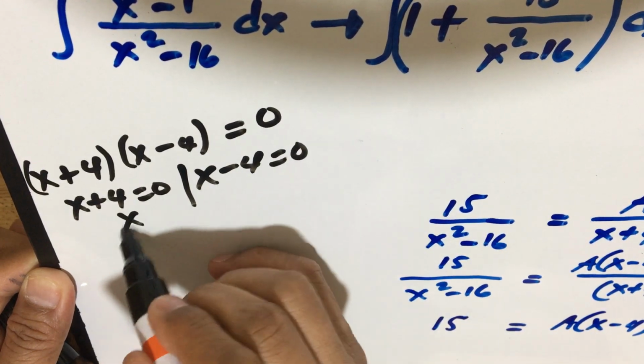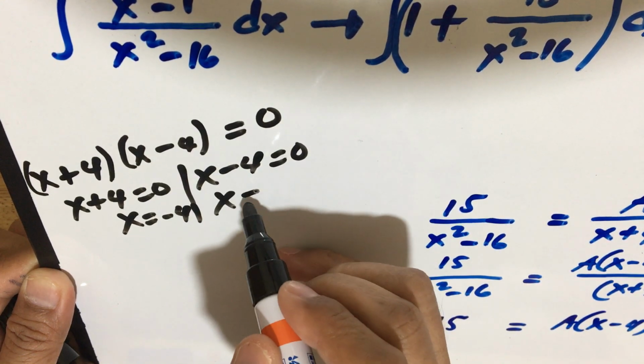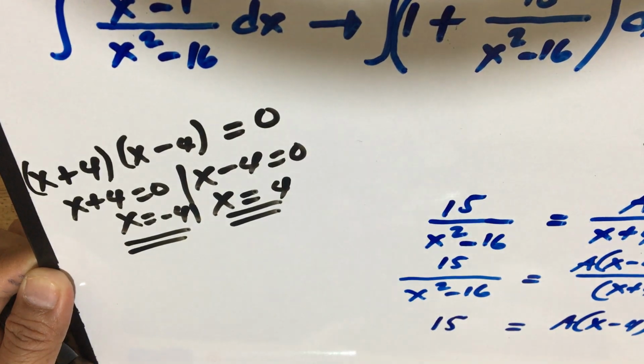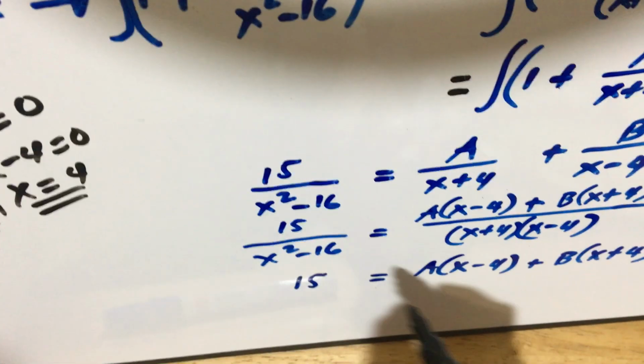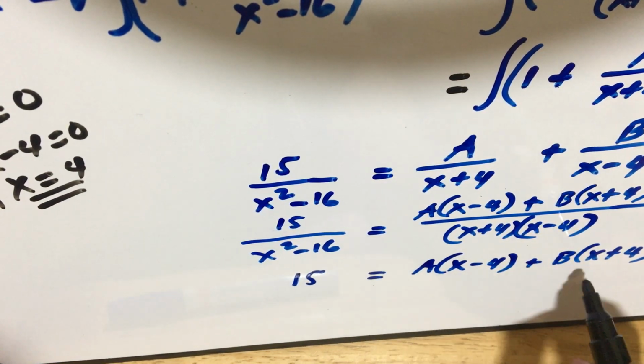Therefore x equal to minus 4, and the other one is x equal to positive 4. These are the values of x that we are going to substitute in this equation so that we can solve for a and b.